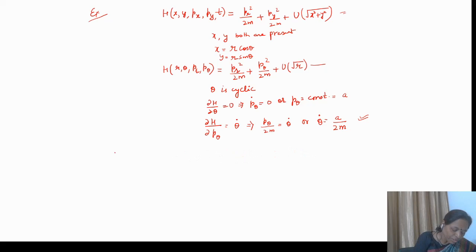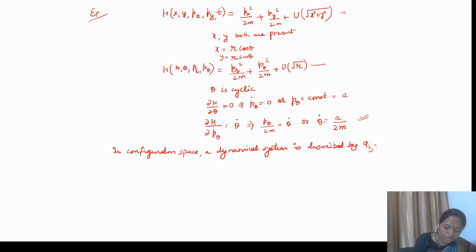In configuration space, suppose your dynamical system is described by a set of coordinates like q1 and q2, or you can take it up to n coordinates.